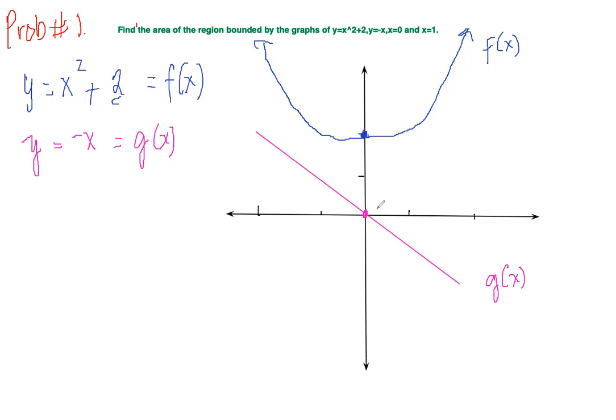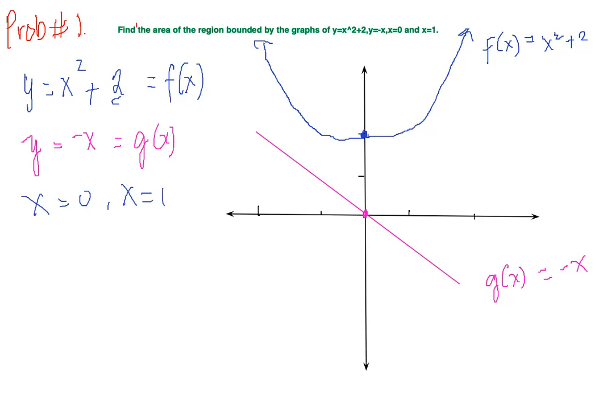Which is equal to negative x, and the parabola above is equal to x squared plus 2. And it says here that the boundaries will be coming from x equals 0 and x equals 1. So let's identify these boundaries, or these vertical lines.